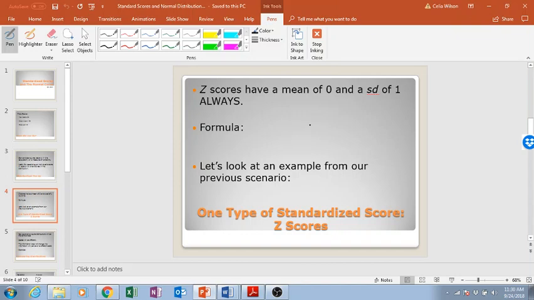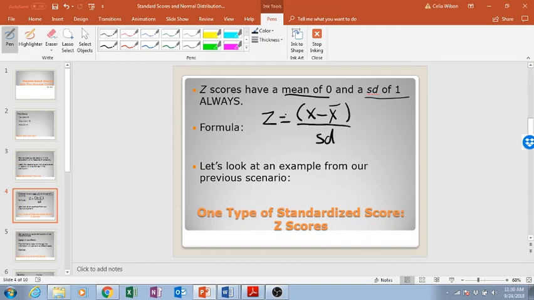I do know that Z-scores always have a mean of 0 and a standard deviation of 1, and that'll become more meaningful in a minute. Looking at the formula for a Z-score, Z is equal to my score minus the mean, divided by the standard deviation.